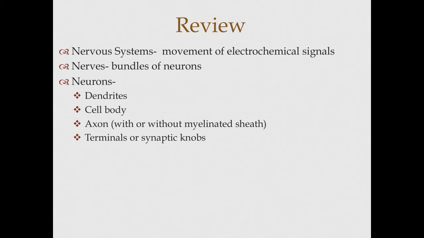Sometimes this has an insulating myelinated sheath, which helps to speed up the nerve action potential, but most invertebrates don't have this. And the signal ends in the terminals or synaptic knobs, where the information has to be transferred to a neighboring cell membrane, either via, rarely, an electrical synapse, more likely a chemical synapse associated with neurotransmitters.